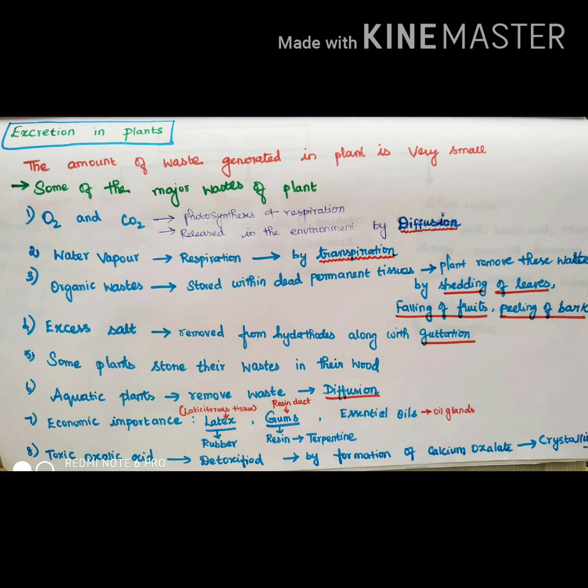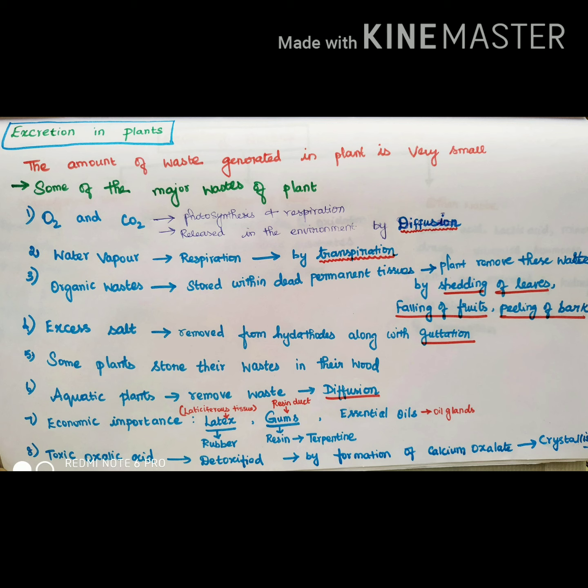Okay, and the last one, the toxic oxalic acid. We consider oxalic acid toxic. As I said earlier, toxic means poisonous; it will cause damage to the cells and tissues.